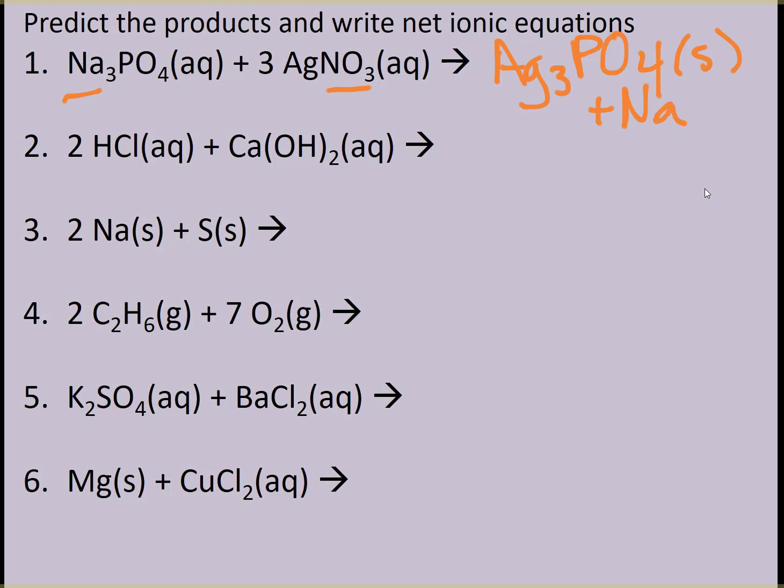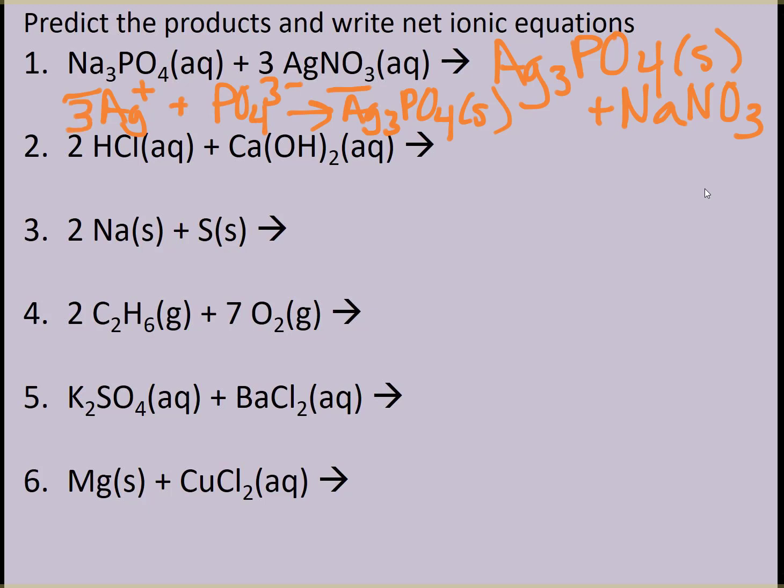That is going to be the sodium nitrate. So writing out the solid and working backwards, I'm going to have silver, which is always a +1, and the phosphate, which is a -3.